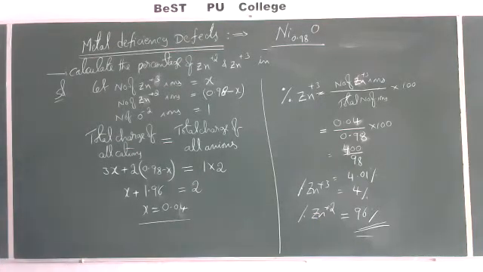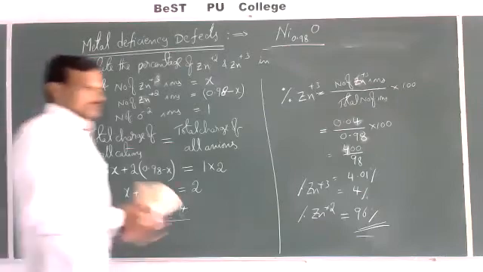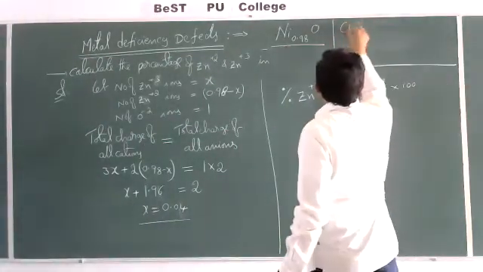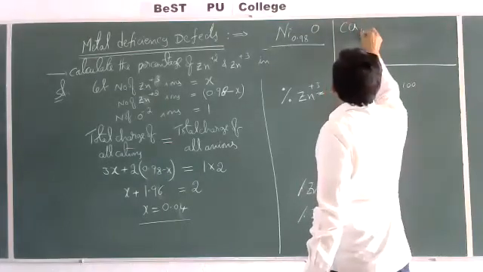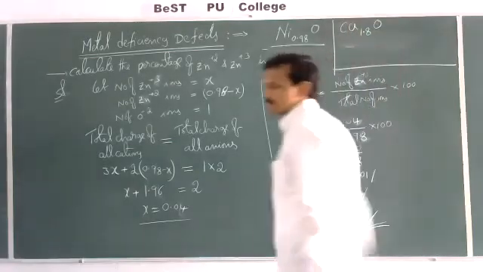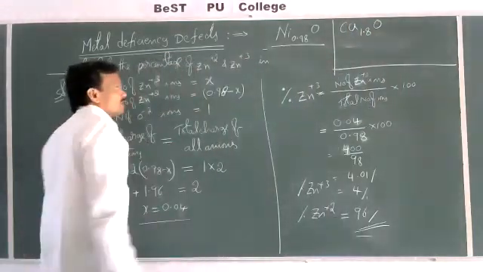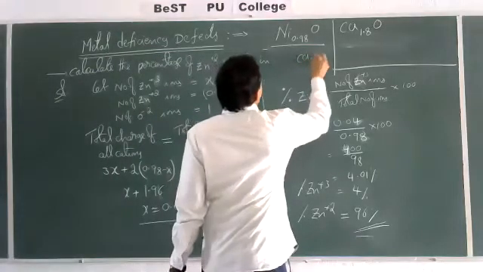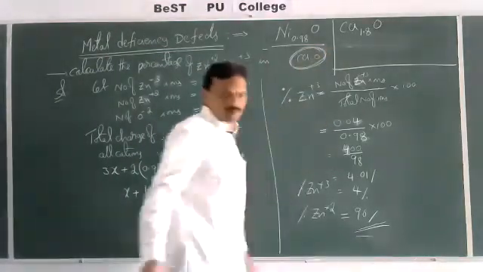Now let us see, I'll give one more example. Just try this one yourself: Cu 1.8 O. Actually, the cuprous oxide formula is Cu2O, which is the stoichiometric formula.